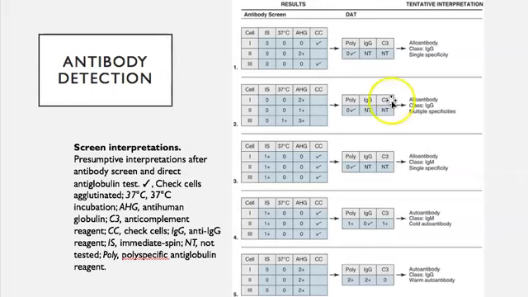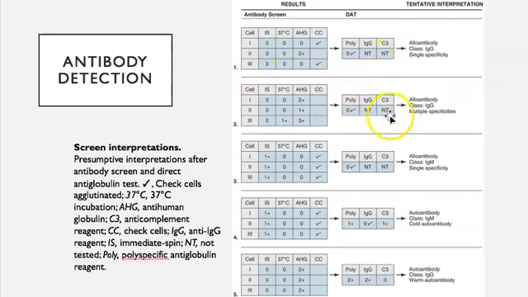The poly was negative, and NT stands for not tested. Because the polyspecific was negative, there was no need to test the monospecific reagents, which are the IgG and the C3. So how do we interpret this?